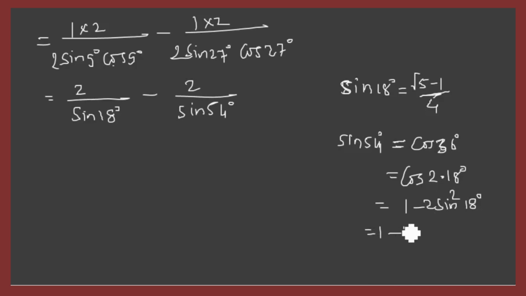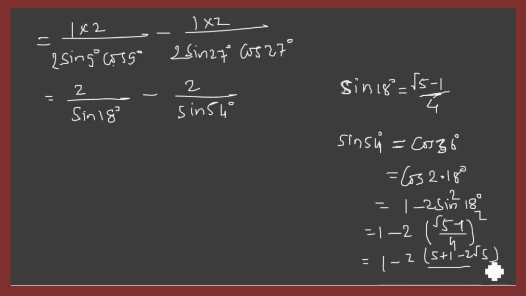We just have to learn the value of sin 18, which is (√5 minus 1) by 4, the whole square. If I simplify this, we get 1 minus 2 times (5 plus 1 minus 2√5) divided by 16, so this cancels out and we get 8 here.